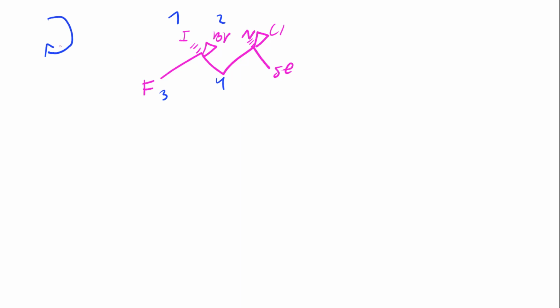Okay, but notice something. My methyl group, my CH, is going to be the lowest priority, right? So I'm going to exchange it with the iodine. I know, it's kind of messy, but I want to show you.